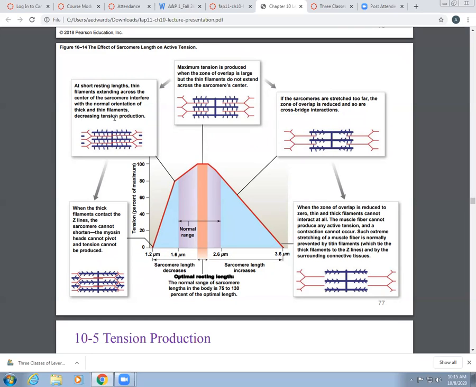So you get low tension production. And when your thick filaments are in contact with the Z lines, you can't shorten the sarcomere at all. The myosin heads can't pivot, and you can't produce any tension.